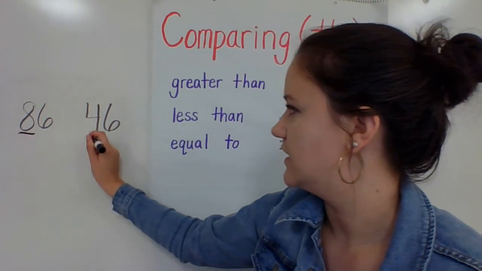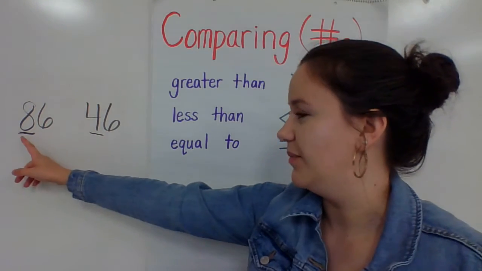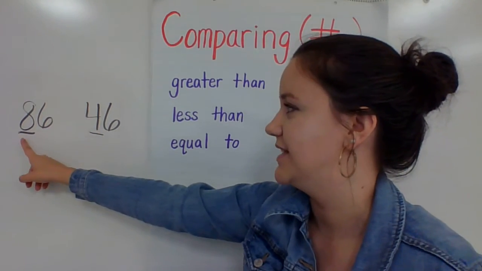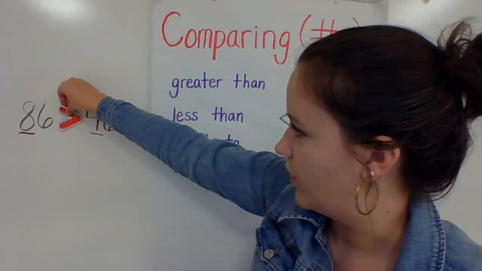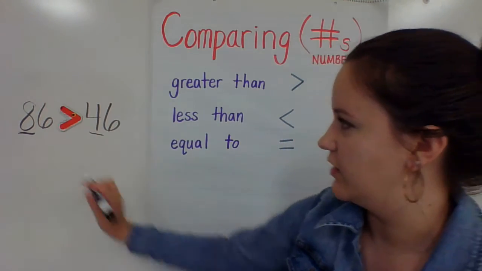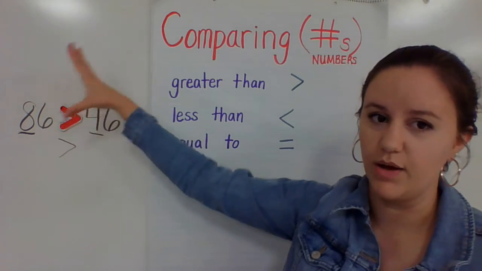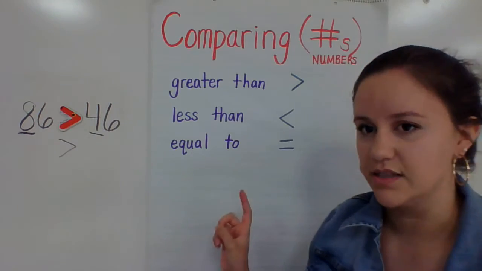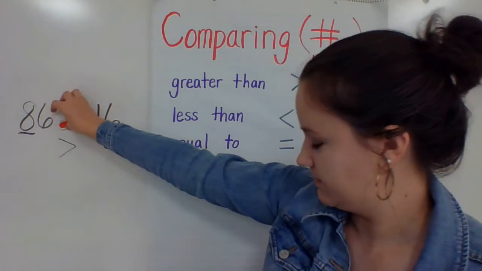So I have 8 tens here and 4 tens there. 8 tens is more than 4 tens, so that means that 86 is greater than 46, and the greater than symbol goes this direction, but still that alligator mouth is open to the greater number, but I read it this direction. 86 is greater than 46.